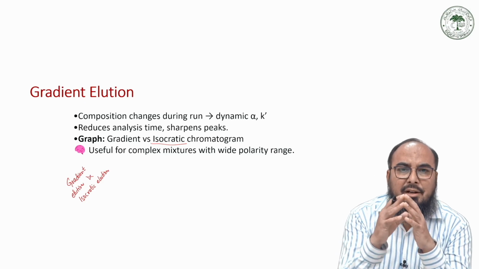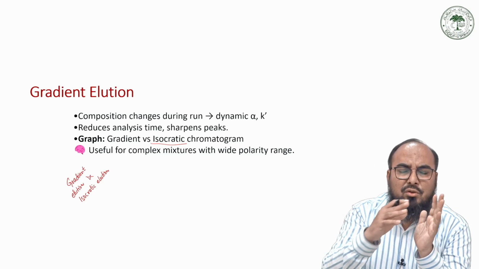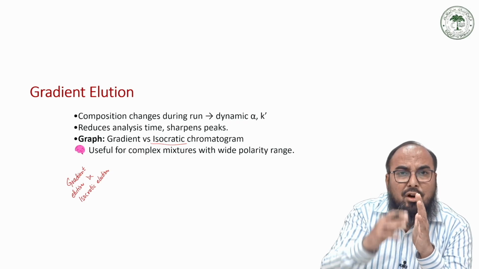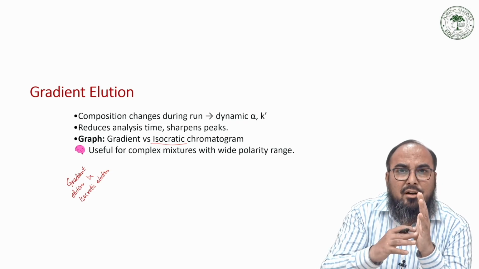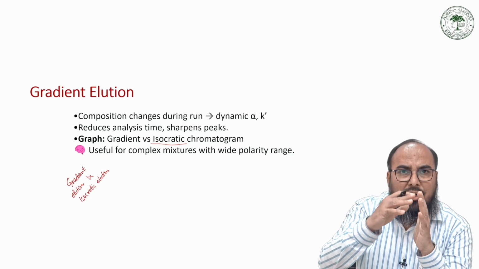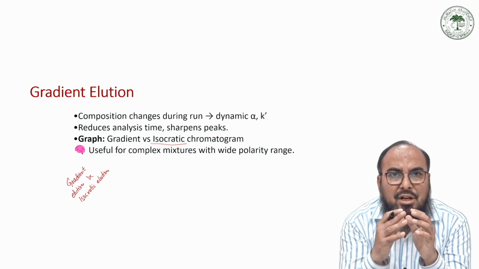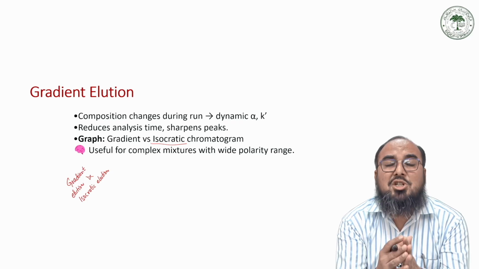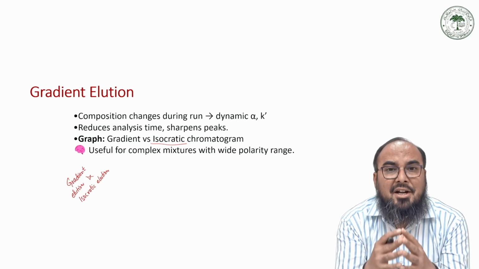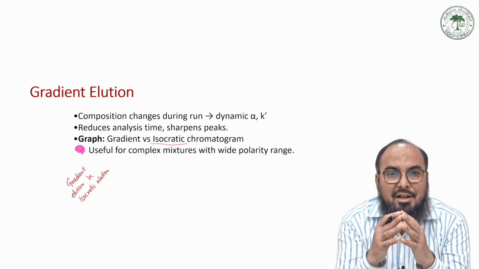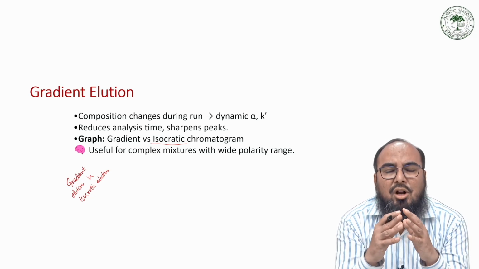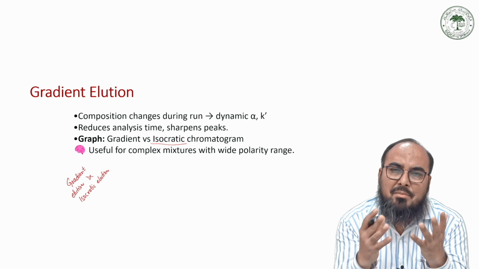For example, in gradient chromatography, in most cases we change the polarity of our solvent. For example, we change from non-polar to polar, and because of this change, we can separate complex mixtures using gradient elution. While in isocratic elution, we can only separate similar or almost similar components of a simple mixture.